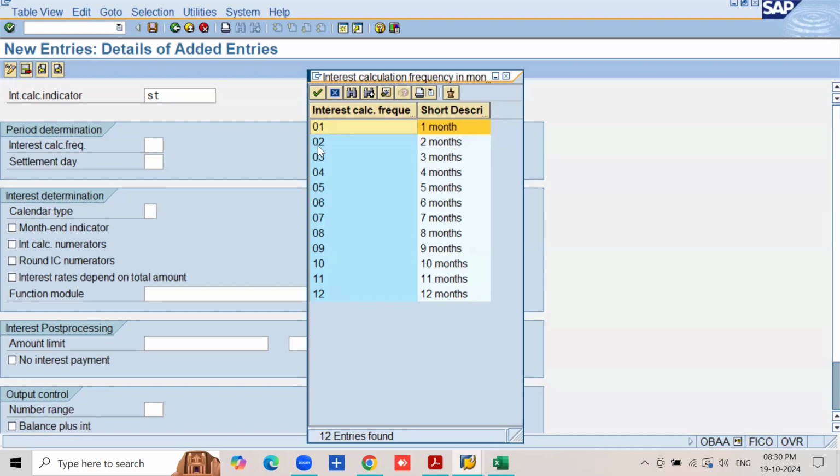If it's a quarterly installment, then it is posted and calculated every 3 months. The repayment schedule is contained in the term loan agreement, so based on it we enter the interest calculation frequency. Just like that, I'm entering 01.